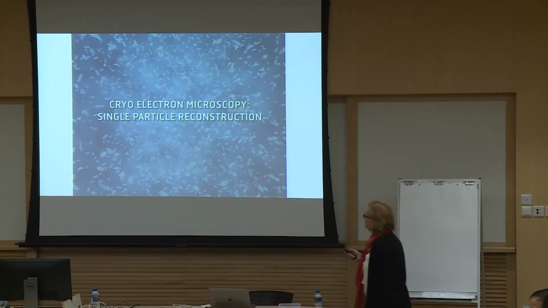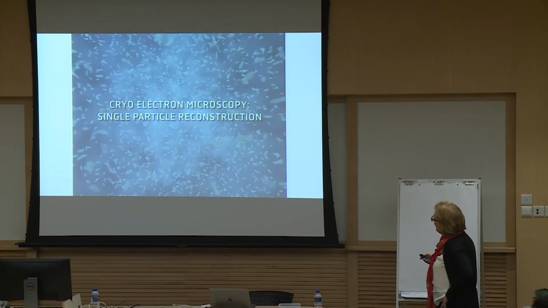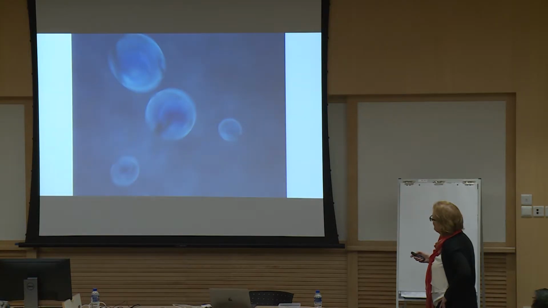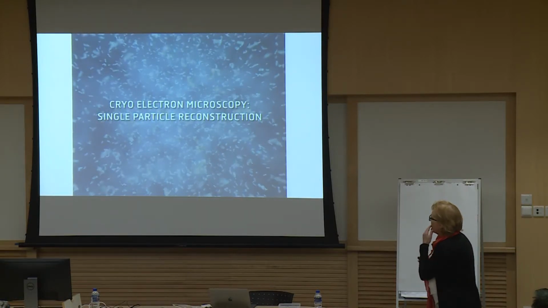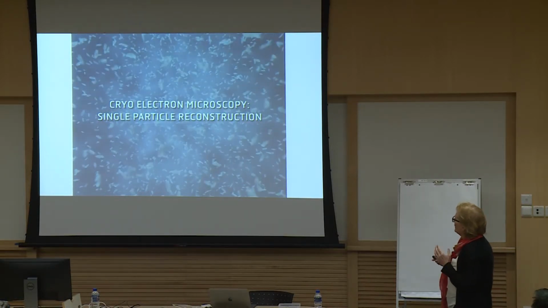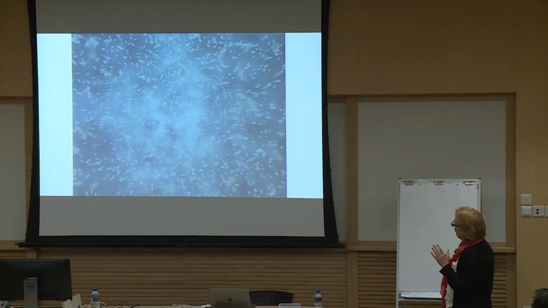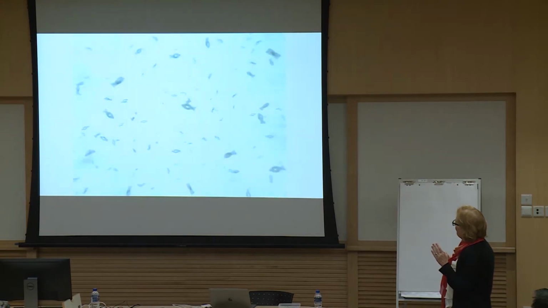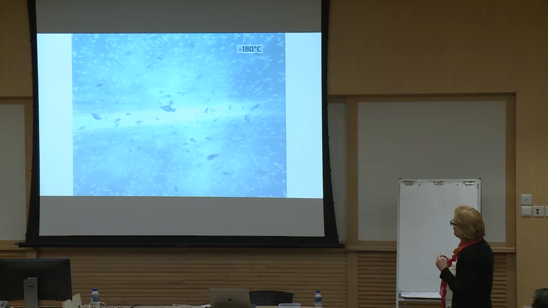And here is a little movie that explains, from Jürgen Plitzko, how, so we have molecules moving around in water. And then they get flash frozen at minus 180 degrees.